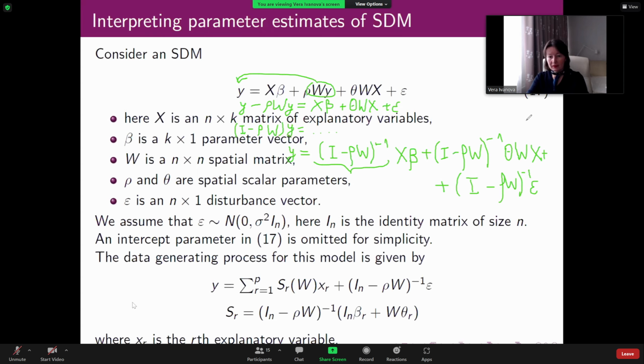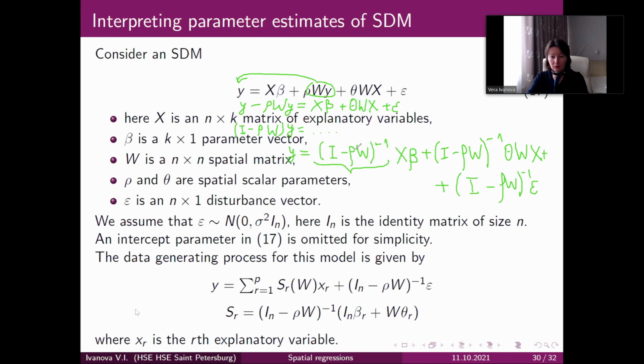So, we have this term corresponding to the x variable. So we cannot interpret the impact of the explanatory variable as beta, because beta is not the only multiplier for x.